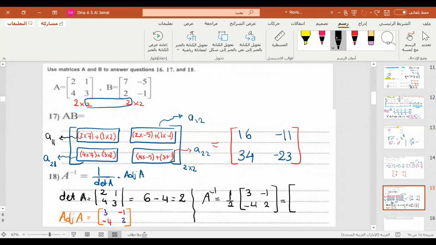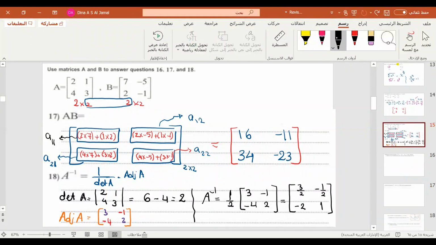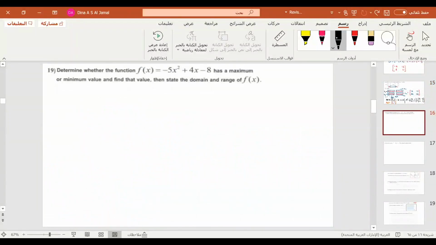And the scalar multiplication will be giving you 3 over 2, which is 1.5, minus half, minus 2, and 1. It is just a scalar multiplication. Great. Now, let's go to question 19.